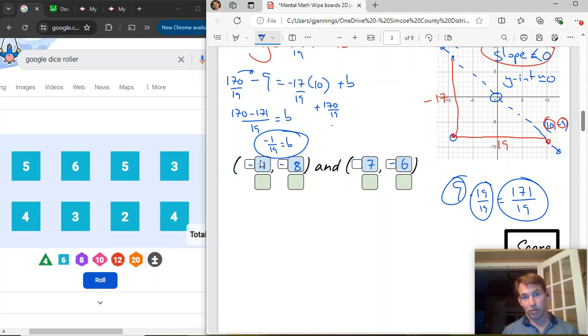So our slope is 1 on 9. The rise is 2, and the run is 18, so that's 1 on 9. And then the b value, just give me a moment here. B is, oh wait, I did that wrong. That'll happen.